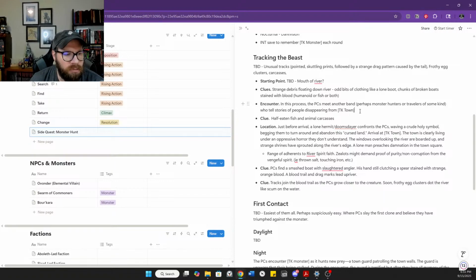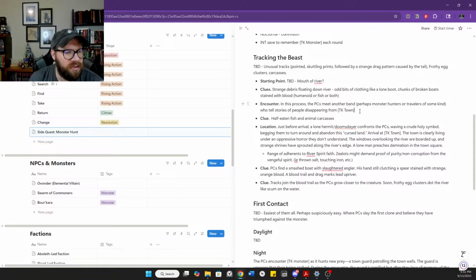Your bit in here, Jonathan, about encountering a target running away, that could be an interesting final encounter just before they reach the monster, where you've got this scared individual who is fleeing down the river and bumps into the characters, and they ask questions and that kind of thing, and then all of a sudden this person realizes they don't know why they're running, they don't know why they're scared, and now they feel kind of silly for it.